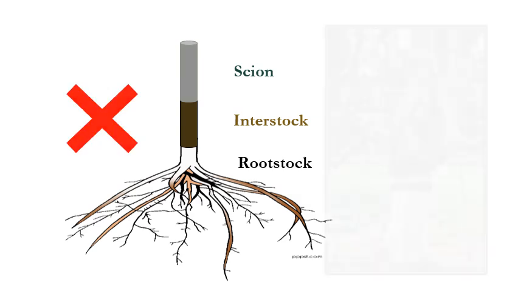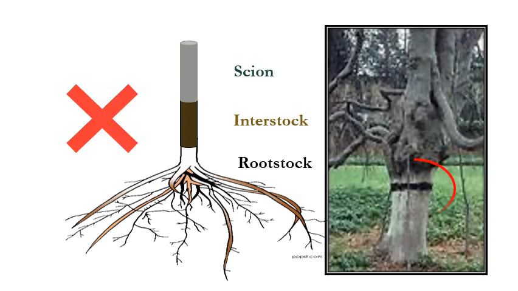This type of incompatibility can be recognized by the development of a brown line, a necrotic area in the bark at the rootstock interface. Consequently, carbohydrate movement from the scion to the rootstock is restricted at the graft union.